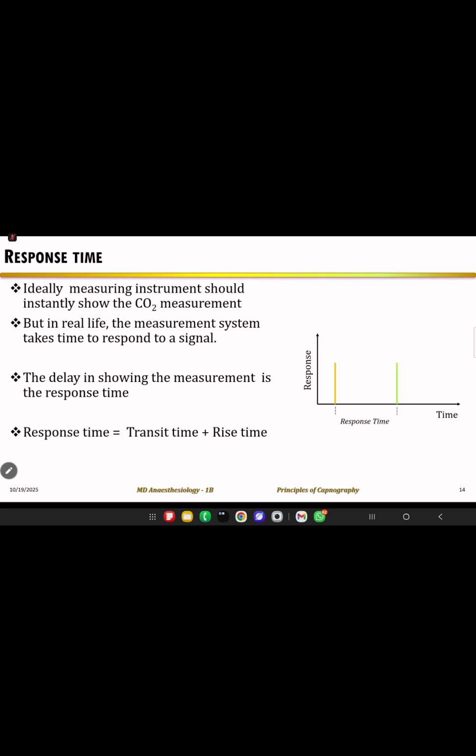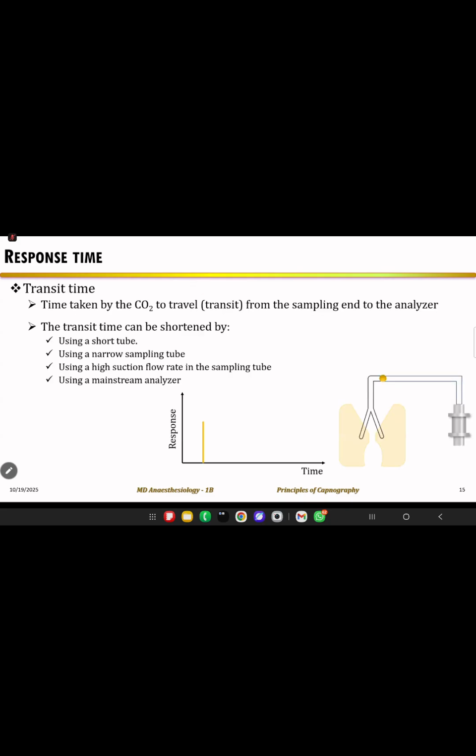Right? So now we'll see what is transit time and what is rise time. Transit time is the time taken by the carbon dioxide to travel from the sampling end to the analyzer. It will take some time for this traveling. So you will see in the right-hand corner, there's a small picture. You will see that yellow globe-like ball, which we can consider as the carbon dioxide.